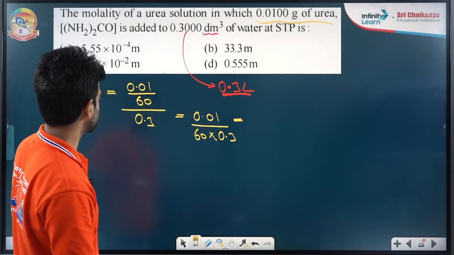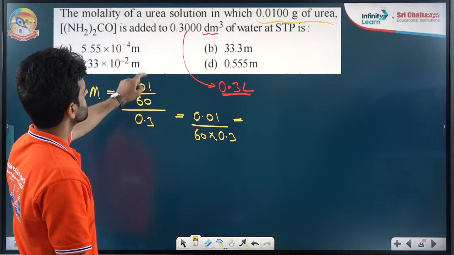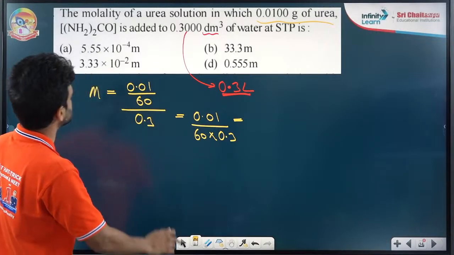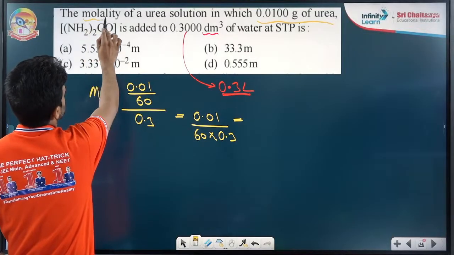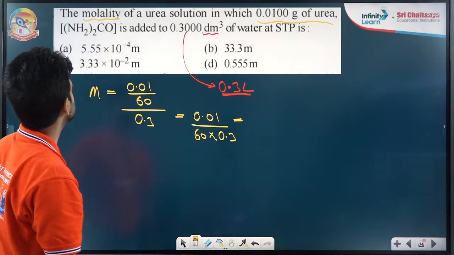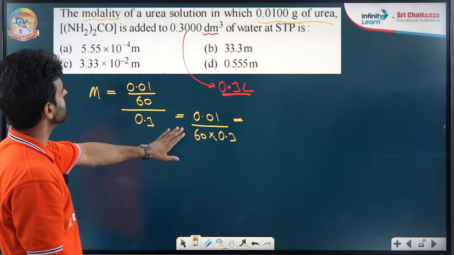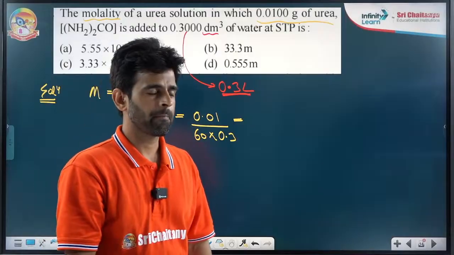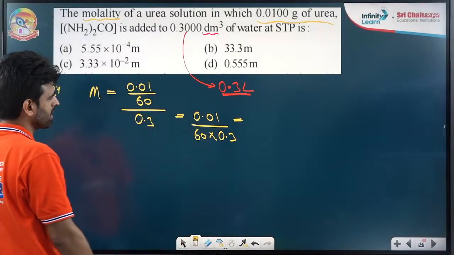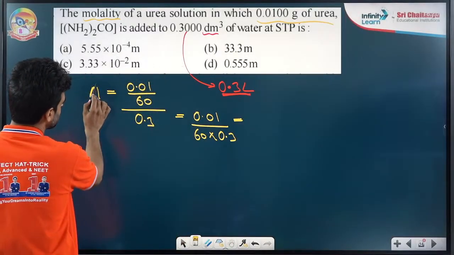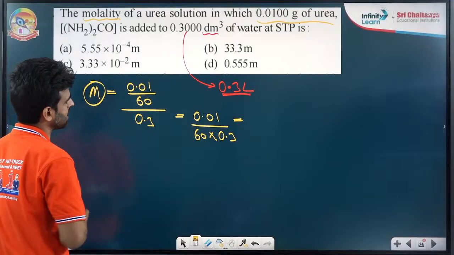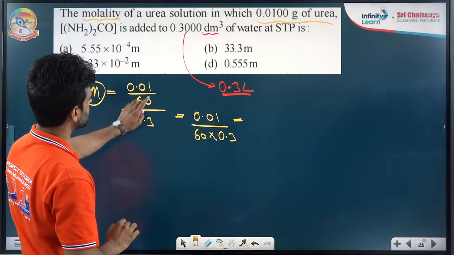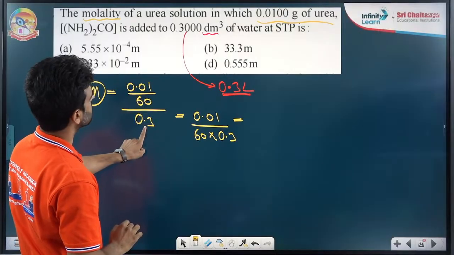Okay. This is coming. They're asking you what? They're asking you molality. They're asking the molarity, right? Okay. Instead of molarity, they're asking you molality. Okay, you can do this also. Be careful. Here we found the molarity, 0.01 divided by 60 are the moles, divided by 0.3.